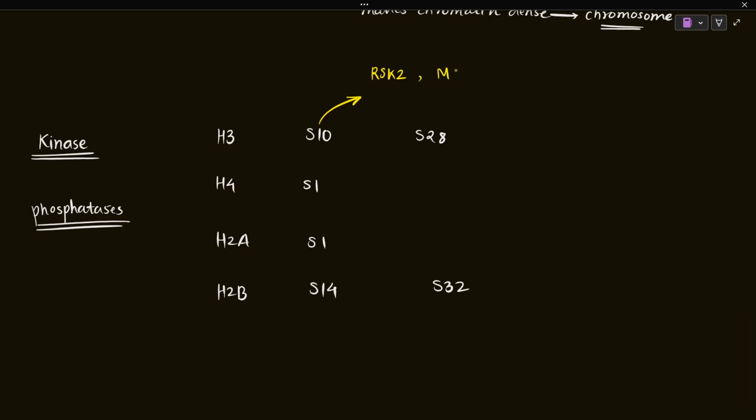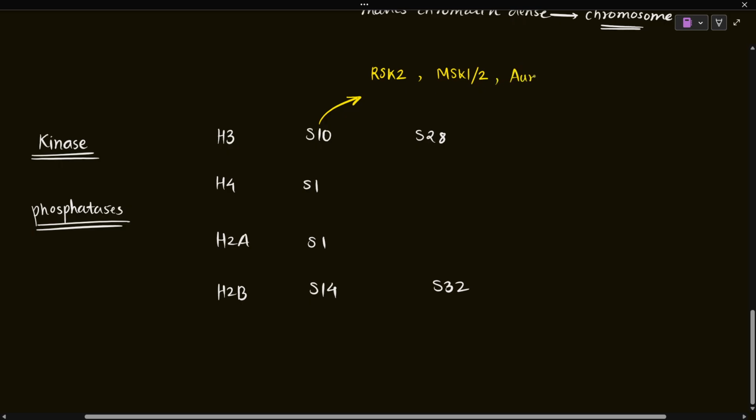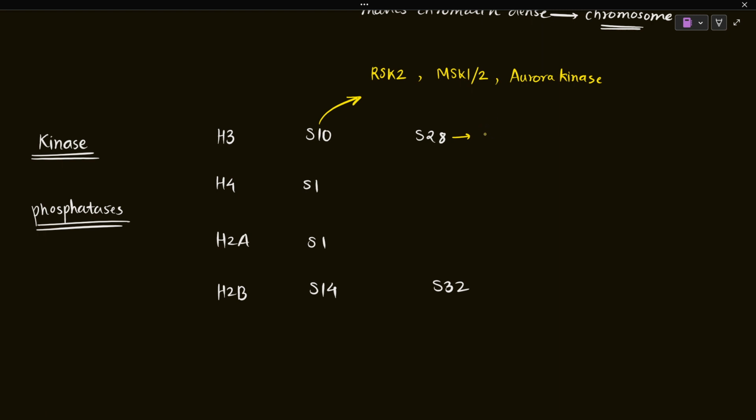Other examples are MSK1 or MSK2. Then another example is the Aurora kinases. Aurora kinases also do the S28 phosphorylation, so Aurora kinase does both S10 as well as S28 phosphorylation. The S14 phosphorylation on H2B is done by MST1 kinase.